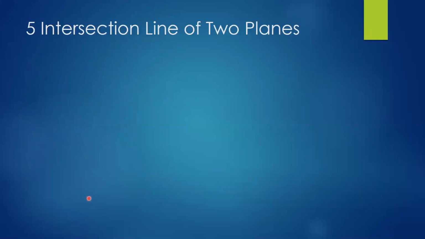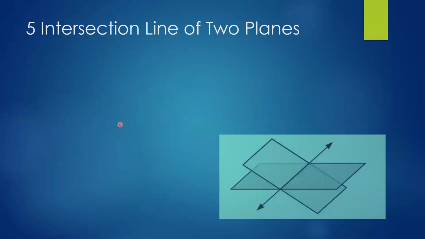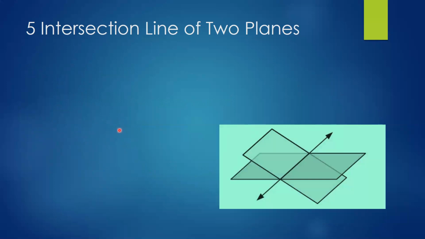And finally, the fifth type of equation of a line. We can imagine a line as determined by two planes. We know that two planes actually intersect through a line.